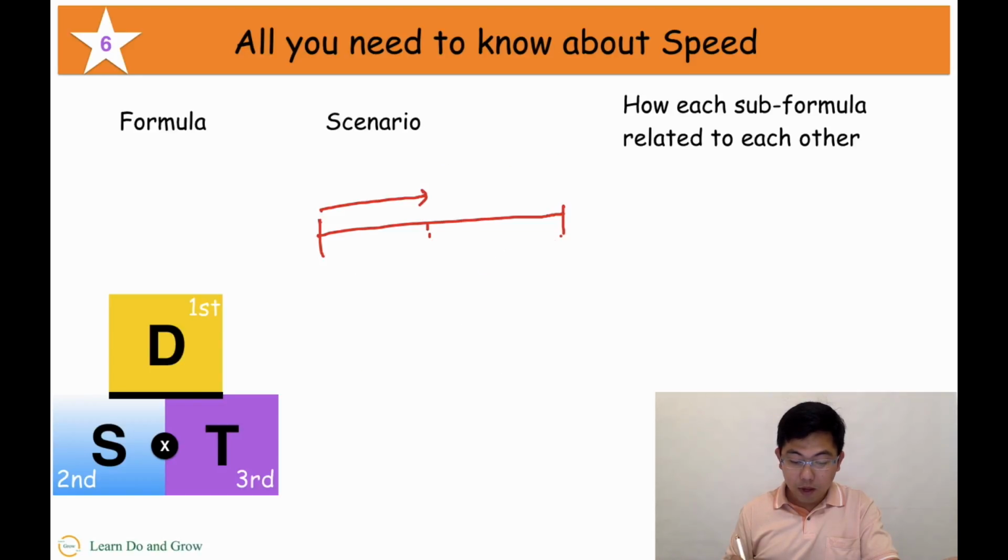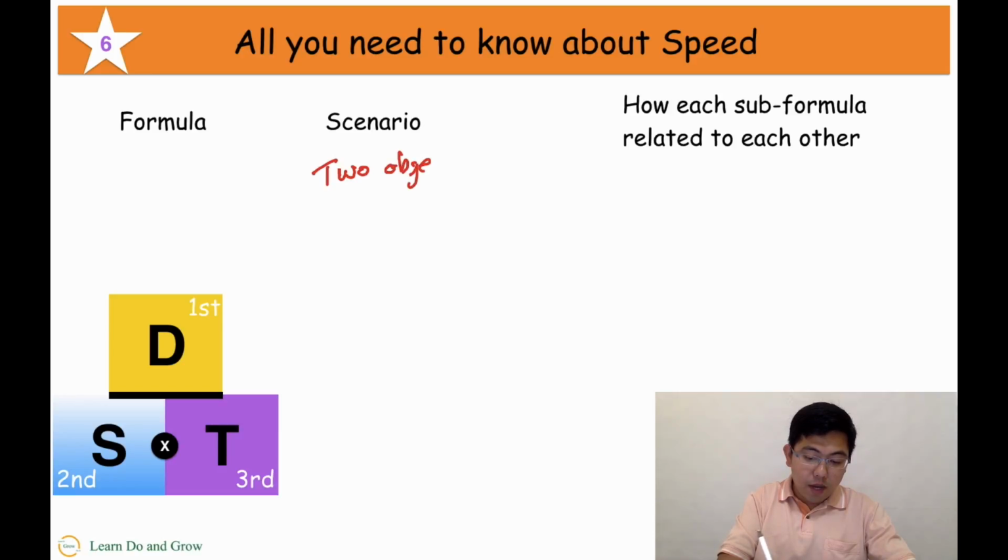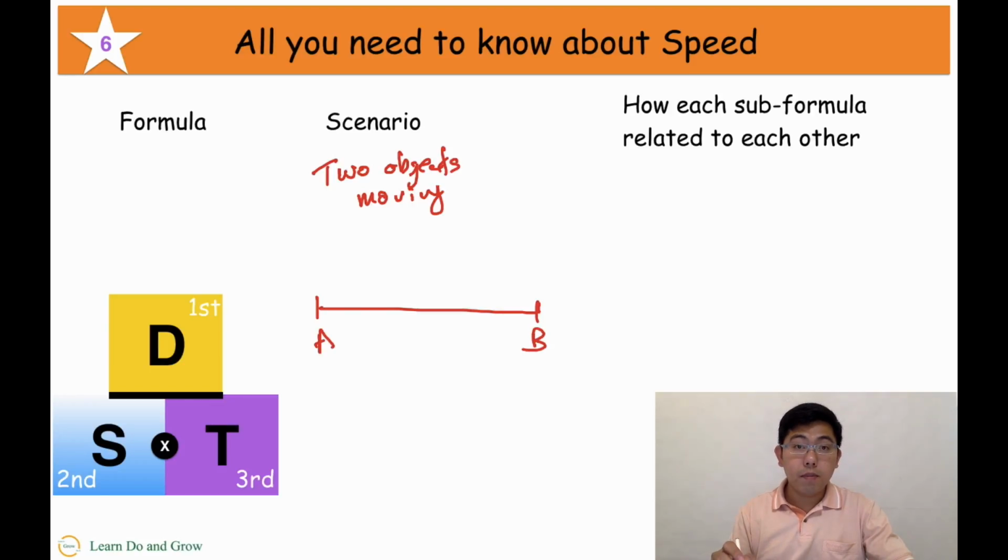So now, what about other scenarios? Another scenario is something like this: there are two objects moving. So how does it work? Same thing, town A, town B. It's either this one starts first, and after that another one starts later.